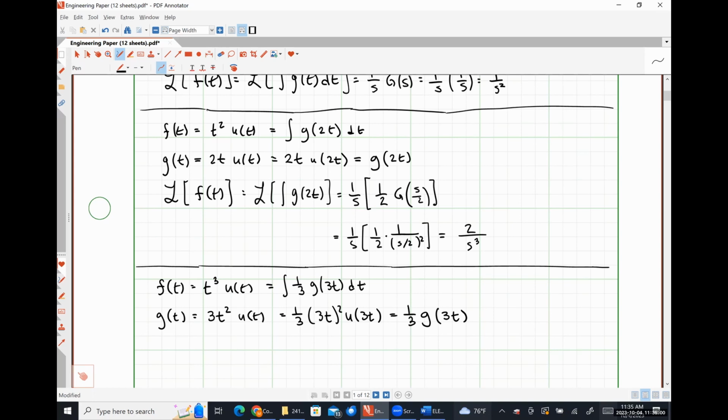And then this thing right here is my g of 2t, where I'm taking the Laplace transform of g of 2t using the time scaling property, which is literally the one on the table that is directly above the time integration. So if a is equal to 2, I would have 1/2 g of s over 2.